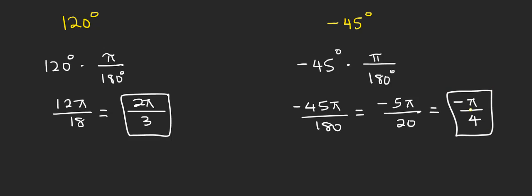So negative pi over 4 radians is the same thing as negative 45 degrees.